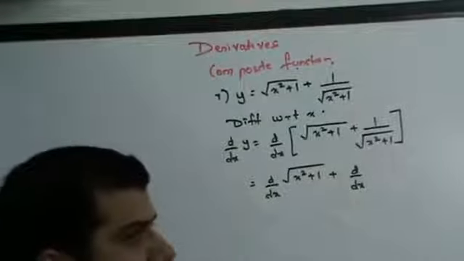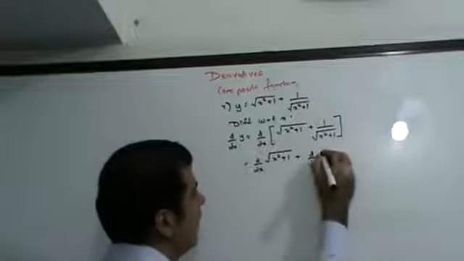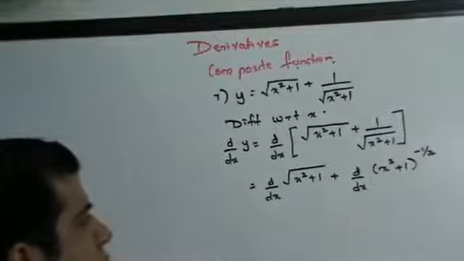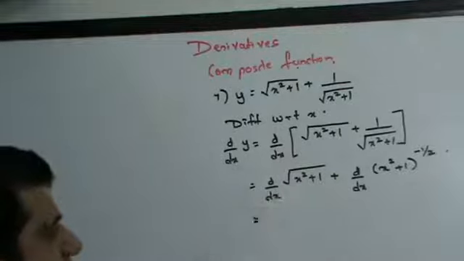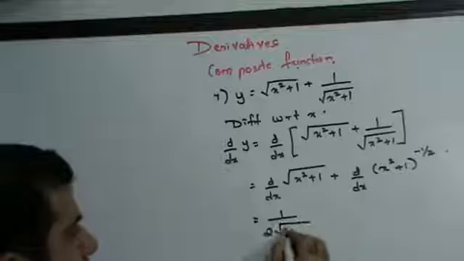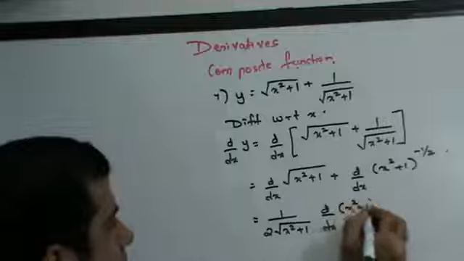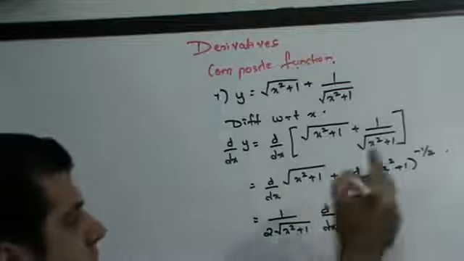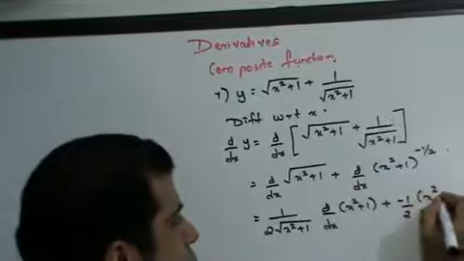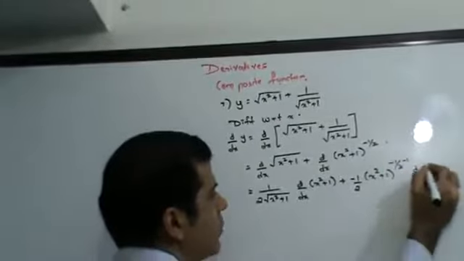Root can be written as raised to 1 by 2. When I take it in the numerator, it will be minus 1 by 2. So this will be x square plus 1 raised to minus 1 by 2. Dy dx composite formula. Dy dx of root u is 1 upon 2 root u dy dx of u plus dy dx of u raised to n, n u raised to n minus 1 dy dx of u.